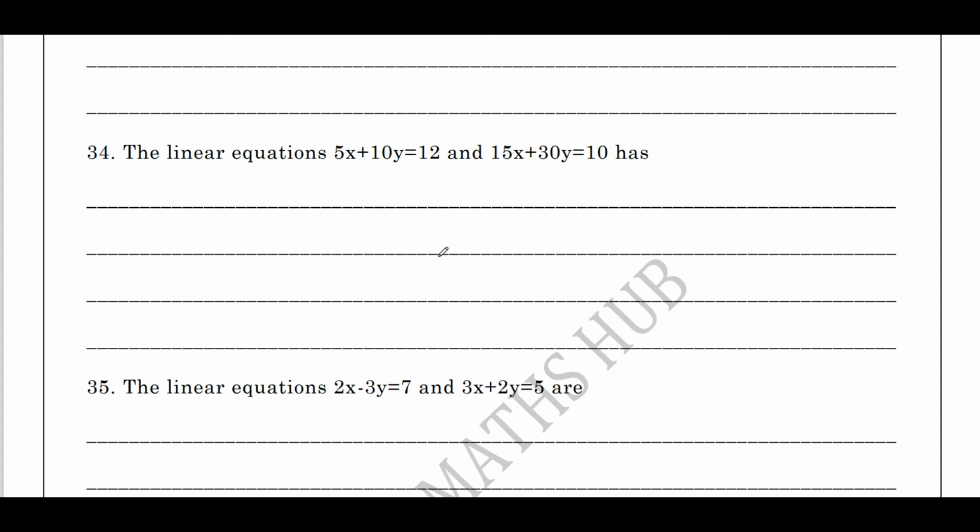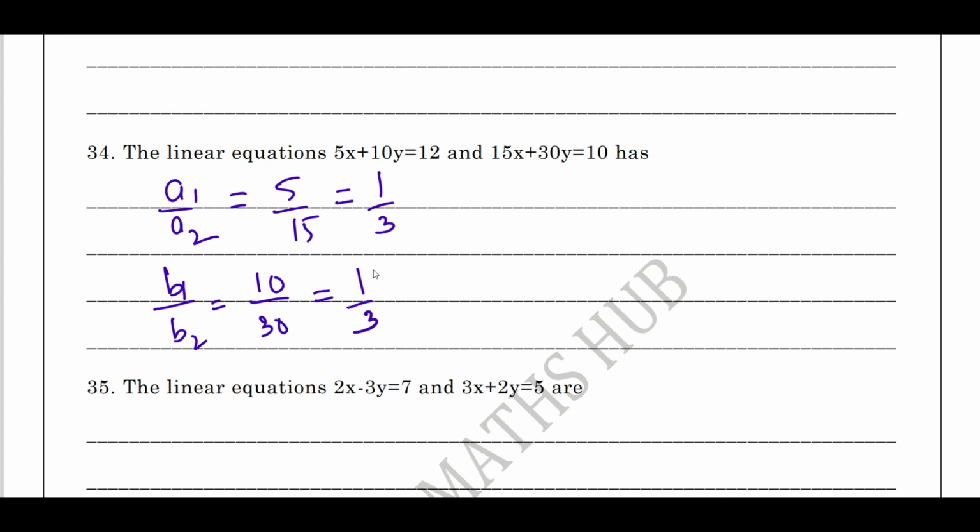The linear equations 5x plus 10y equals 12 and 15x plus 30y equals 10. First we need to find out the number of solutions. For that, find the ratio a1 by a2, that is 5 by 15, we get 1 by 3. In the same way, b1 by b2 we get 10 by 30, which is equal to 1 by 3. c1 by c2 equals what?